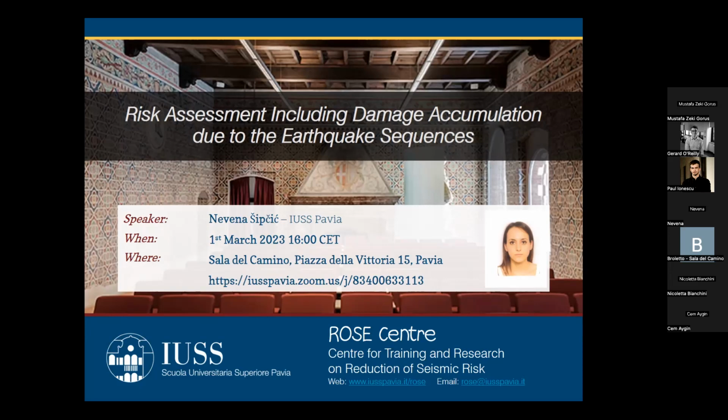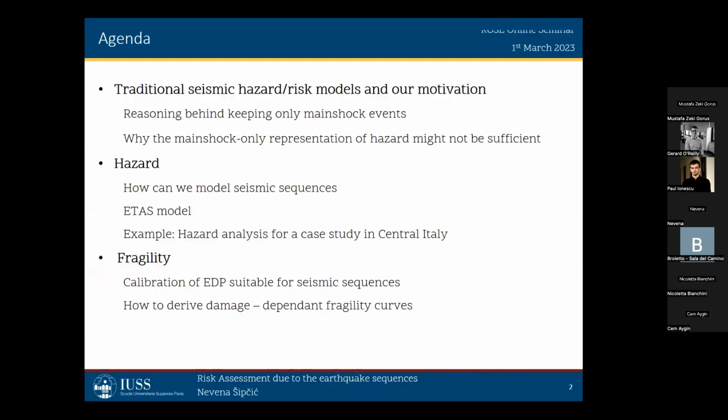So the idea for today is to have three parts of this presentation. The first part will not be technical. I will talk about what is the motivation behind my thesis, and I will say a couple of words about the traditional seismic hazard and risk models. Then I will move to a little bit more technical part.